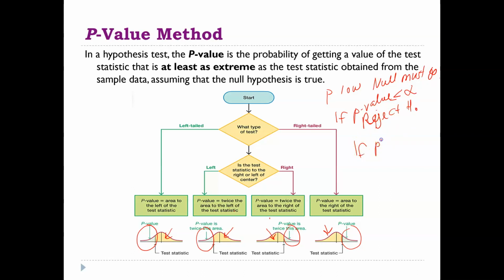If the p-value is greater than alpha, then we fail to reject null hypothesis. Remember, if the p-value falls in non-critical region, we fail to reject null hypothesis. If it is in the critical region, which means it's smaller than our alpha, then we reject the null hypothesis.